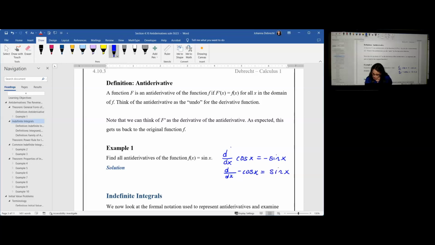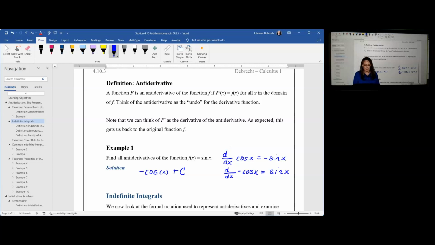Negative cosine of x is an antiderivative of the function sine x. It's the one with the constant 0. This means the antiderivative function is negative cosine of x plus constant, which gives me an entire family of functions, all vertically shifted from one another.